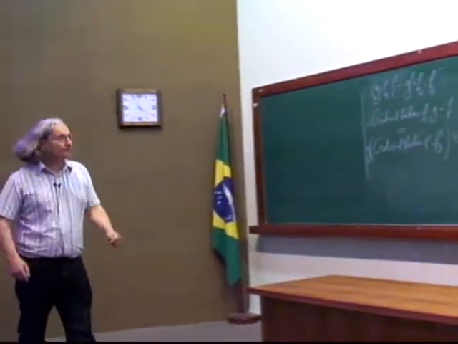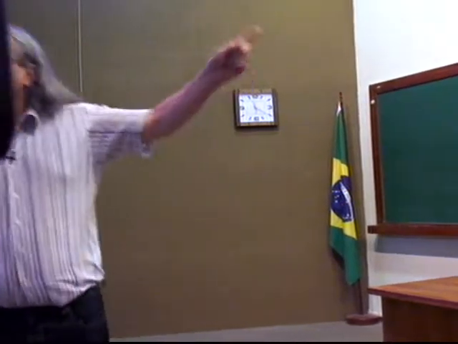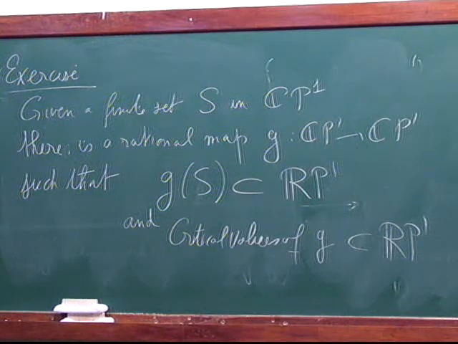But why did he ask that? You will see that now, because of step one. If you take the complement of 4 points in the Riemann sphere, 3 you can assume real, and the 4th is somewhere. To prove that the universal cover of the complement of 4 points in the sphere is the disk is not obvious at all.